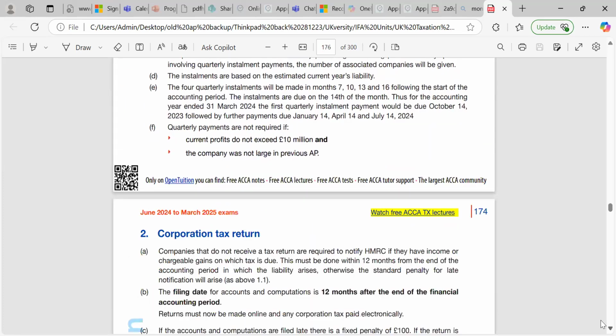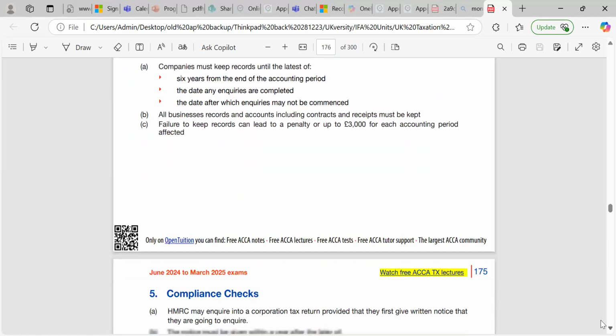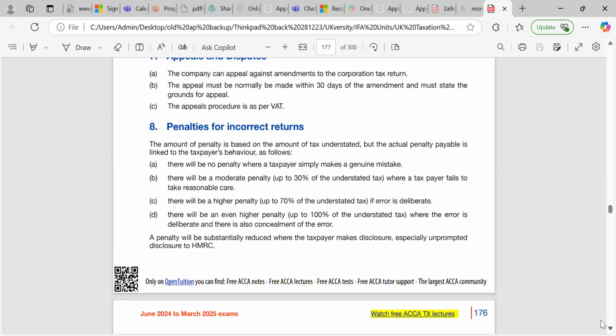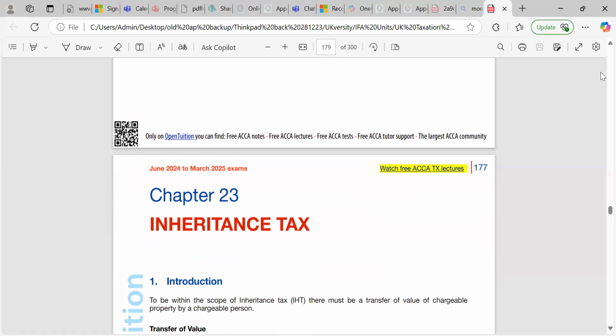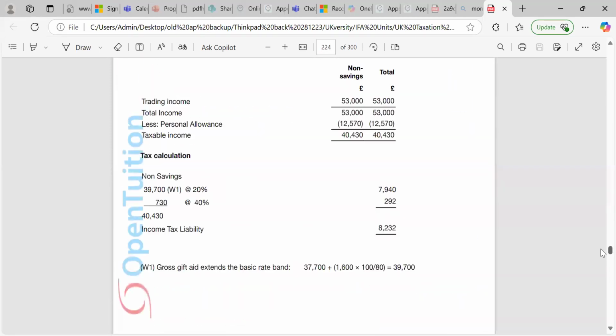So you can pick the question for your assignment. Any example you want, the compliance we need to check, discovery, penalty. And you can add an example, please.